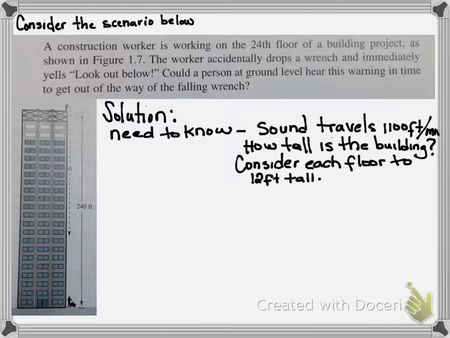Now, if each floor is 12 feet tall, so that means if I have 24 floors, ladies and gentlemen, how tall is the building? So the building would be 288.